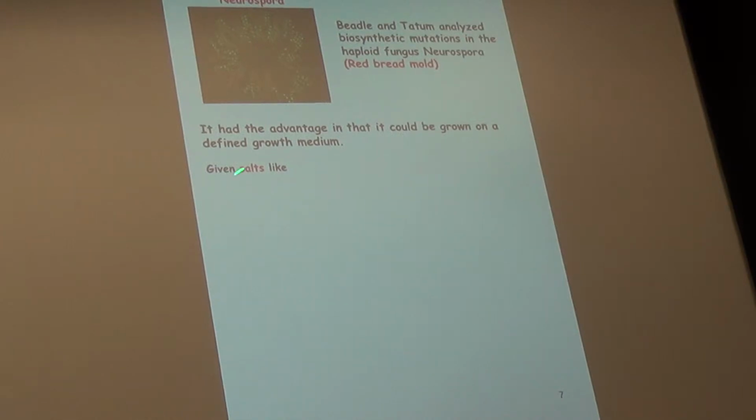If you gave them particular salts, like sodium citrate, potassium phosphate, ammonium nitrate, and magnesium sulfate, you don't have to know all these. But you gave them certain salts and certain sugars.